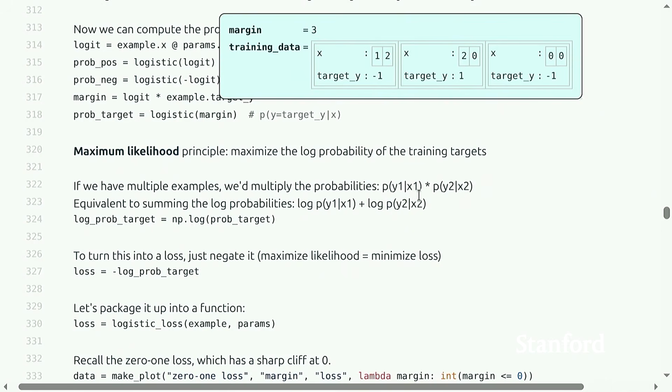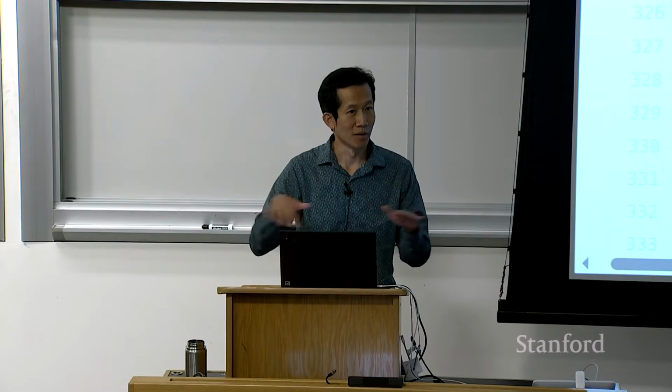The other reason is that if you work directly with the probabilities, you're going to get underflow very quickly because probabilities are small. If you get a probability of 10 to the minus 200, everything's going to go to 0. Whereas if you take the log, you have much more space to work with.